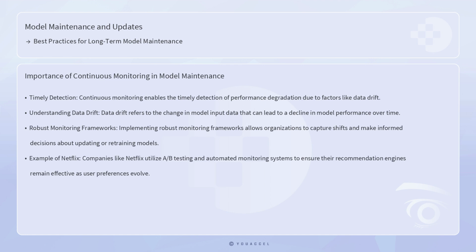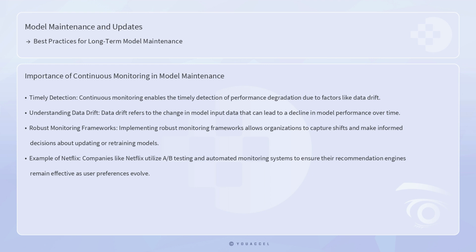A foundational aspect of long-term model maintenance is the establishment of continuous monitoring systems. Continuous monitoring enables the timely detection of performance degradation, which can occur due to various factors such as data drift or changes in underlying data distributions. Data drift refers to the change in model input data that can lead to a decline in model performance over time.